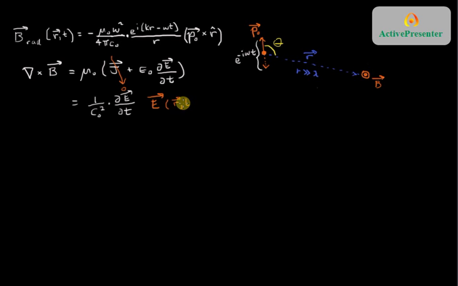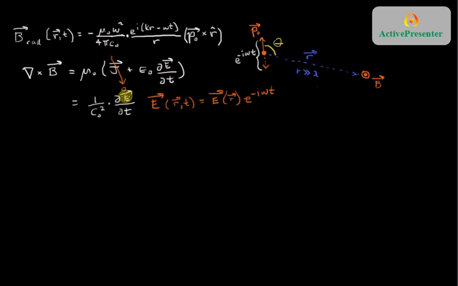So that means that the electric field as a function of position and time is equal to some spatial dependence times e to the minus i omega t. So the time derivative of the electric field just brings down a minus i omega and otherwise leaves everything else the same.